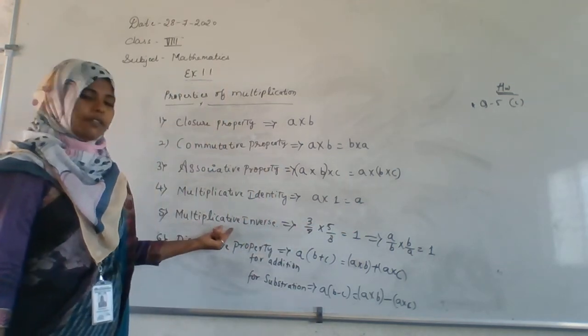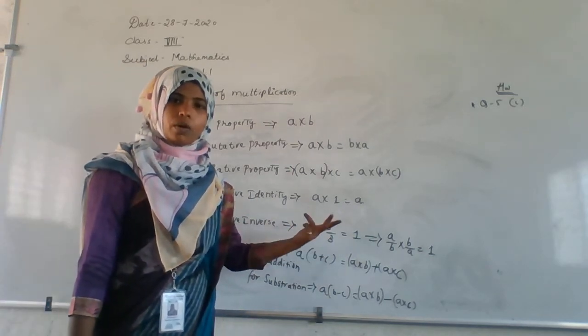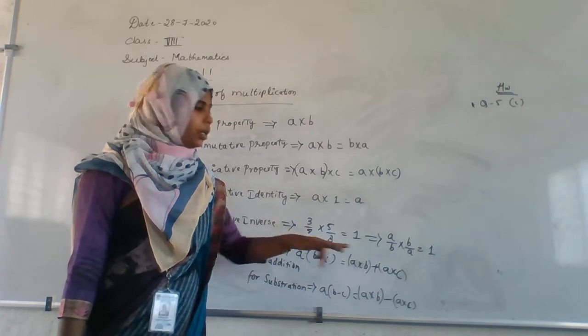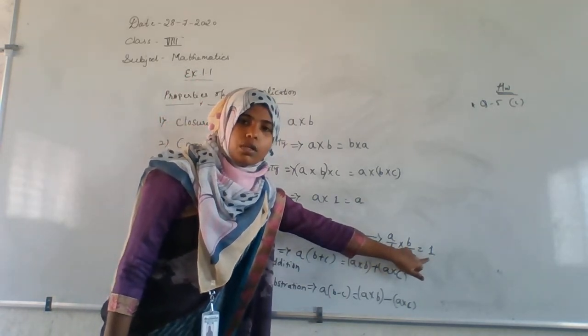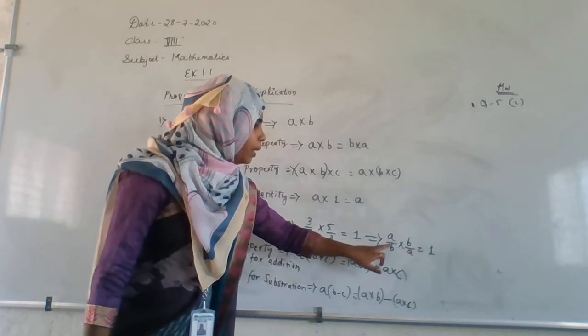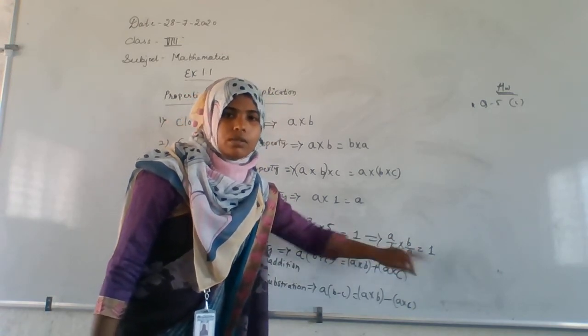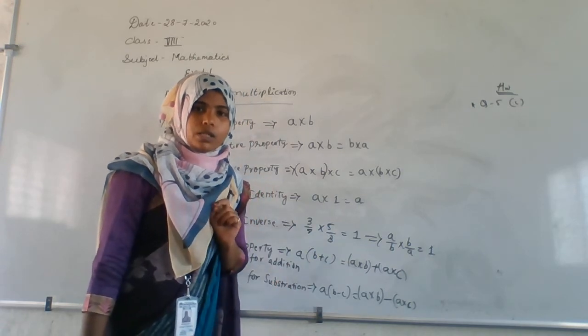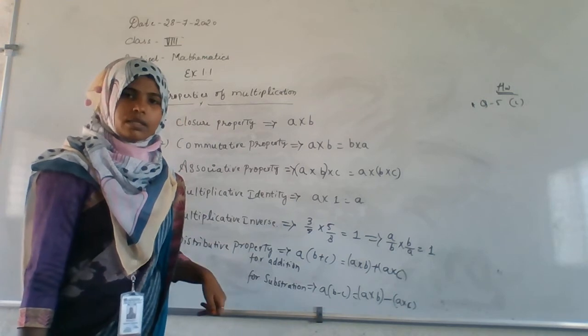And multiplicative inverse means the reciprocal of any rational number always gives us 1. For example, A by B into B by A, the answer will always be 1, because both are cancelled here.